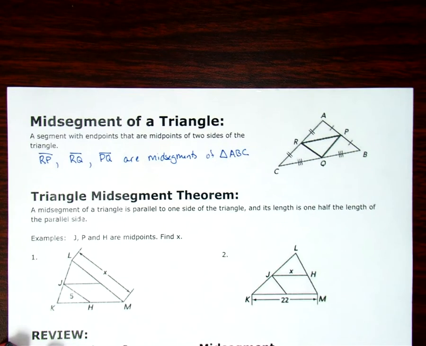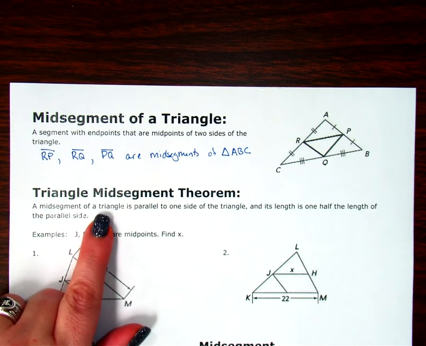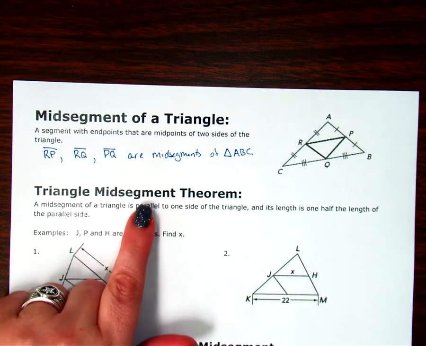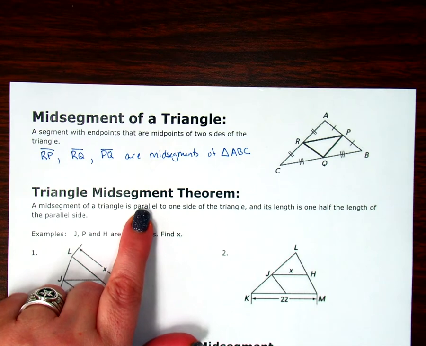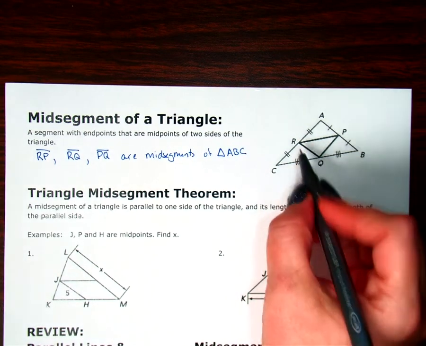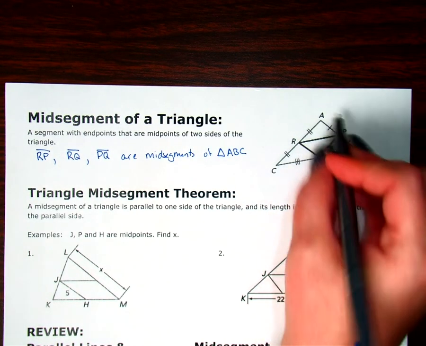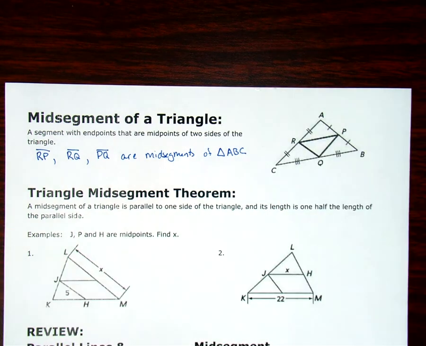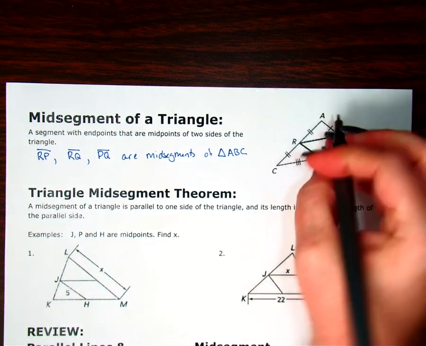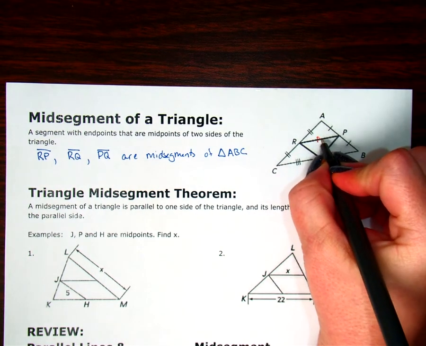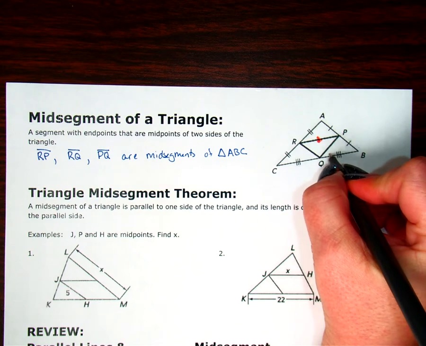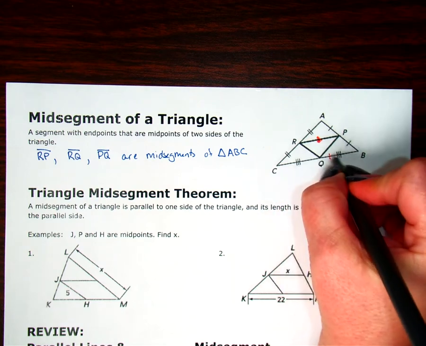Okay? Now, there's two things we need to know about the mid-segment. The mid-segment is parallel to one side of the triangle. Okay? So we've got midpoints, and it also ends up being that it is parallel to one side. Now, it's obviously not going to be parallel to the side it intersects, right? So this one here is going to be parallel to BC.